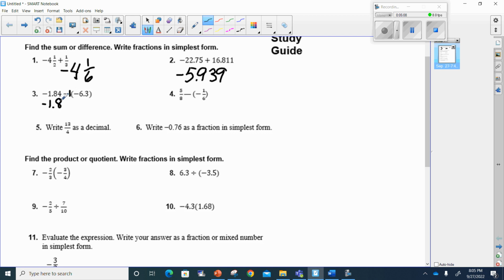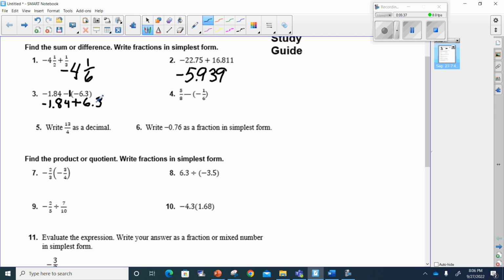So this is really going to be negative 1.85 times, or actually plus, 6.3, because remember, the negative times a negative makes a positive. All right, so now we have a positive number and a negative number again.